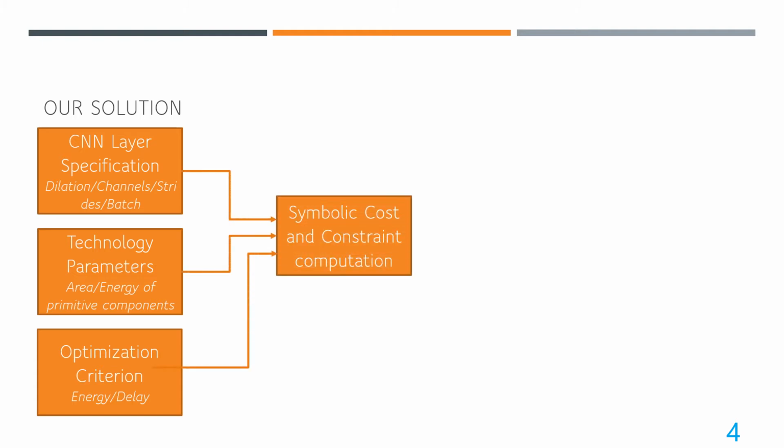These inputs are used to compute A. Symbolic costs, for example, total energy needed for convolution or total delay for that operation. B. Constraints, like the array slice at different levels in the memory hierarchy isn't bigger than the storage capacity at that level, or the total area of all components shouldn't exceed the provided maximum area.